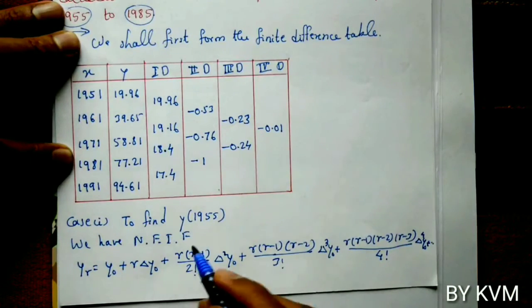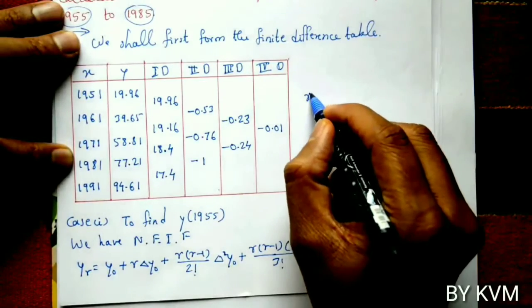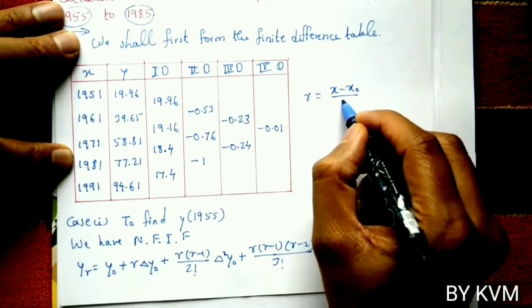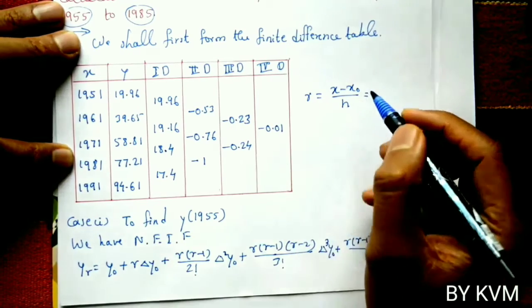So delta y naught, delta square y naught, delta cube y naught, delta power 4 y naught are all leading forward differences. Now we have to find the value of r.